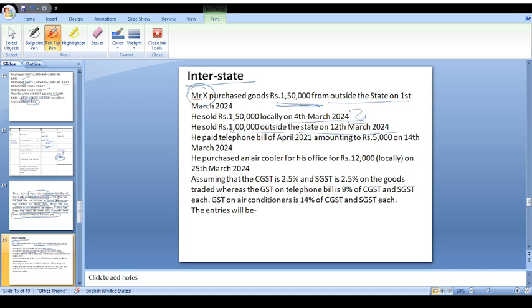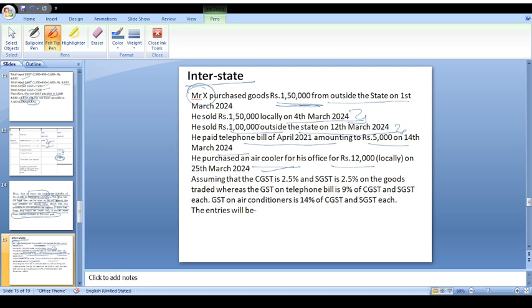This will be in state and this will be out of state. He paid telephone bill 5,000 on 14th March. He purchased an air cooler for his office, 12,000 rupees, on 25th March locally.